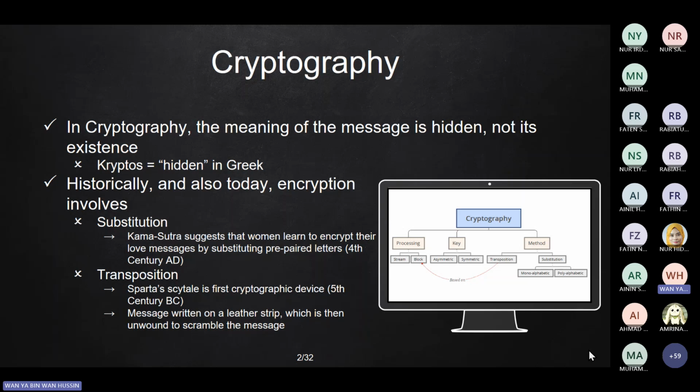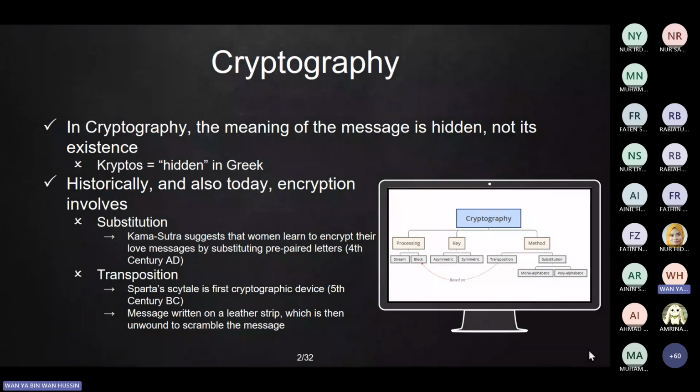All right. So, what is cryptography? In cryptography, we try to hide the meaning of that message.